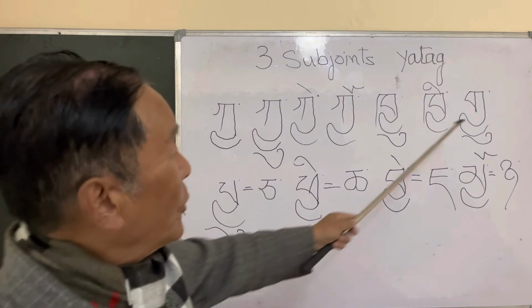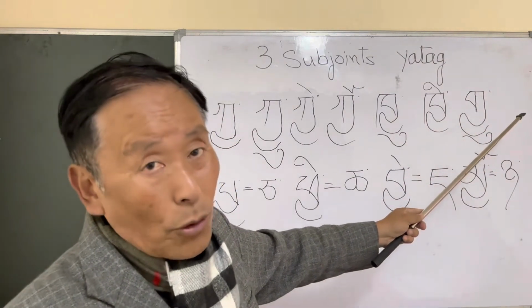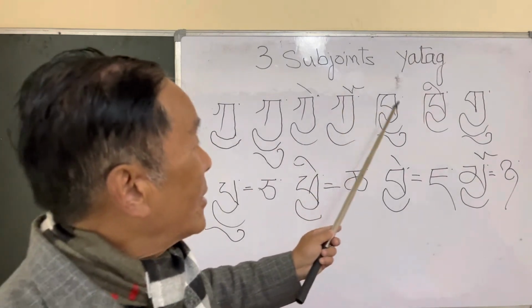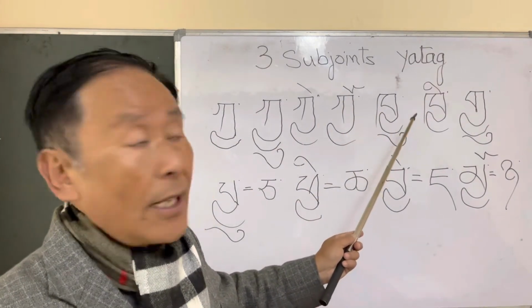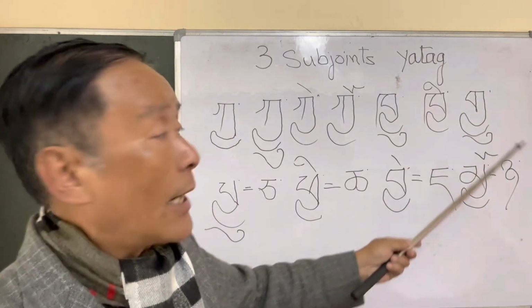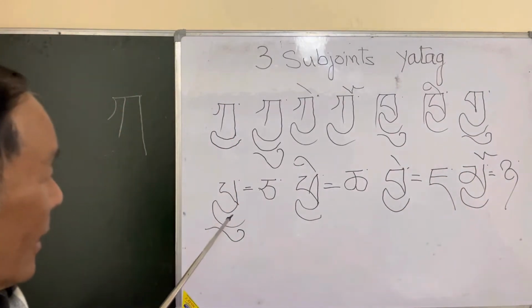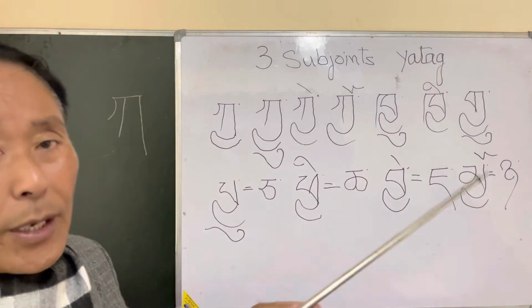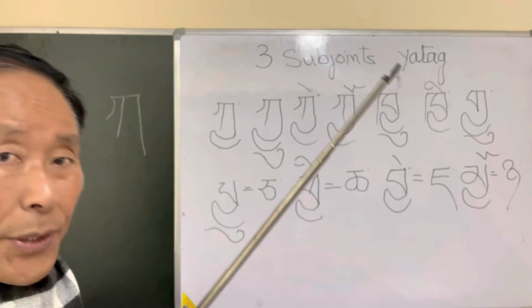So from here to here is kind of logical. If kayata is kya, then naturally khayata is kya. Gayata, in that same way, is gya. But payata, cha. So from here to here, you have to get used to it.